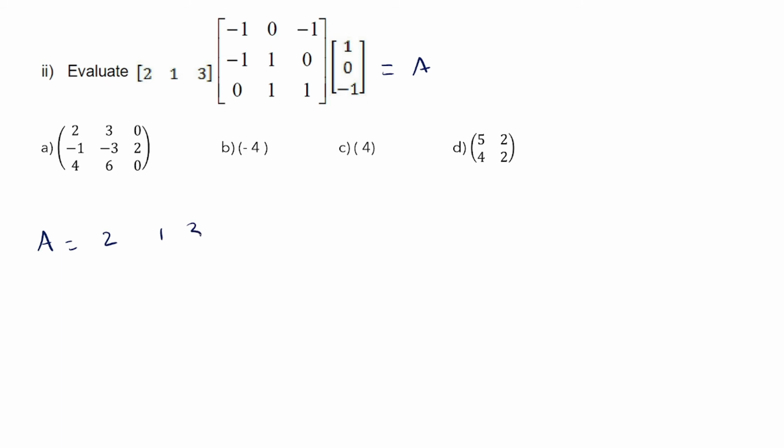So 2 1 3, first row first column, minus 1 plus 0 plus 1, then second row for first column, then third row first column.